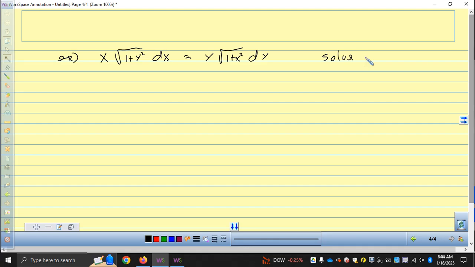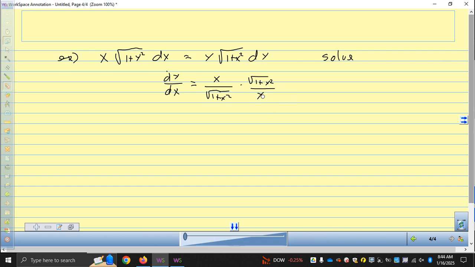And I think with this one, it's pretty easy to see that we can gather the x's together and gather the y's together. If we wanted to, we could check, and we could rewrite this as dy dx equals x over the square root of 1 plus x squared times the square root of 1 plus y squared over y.